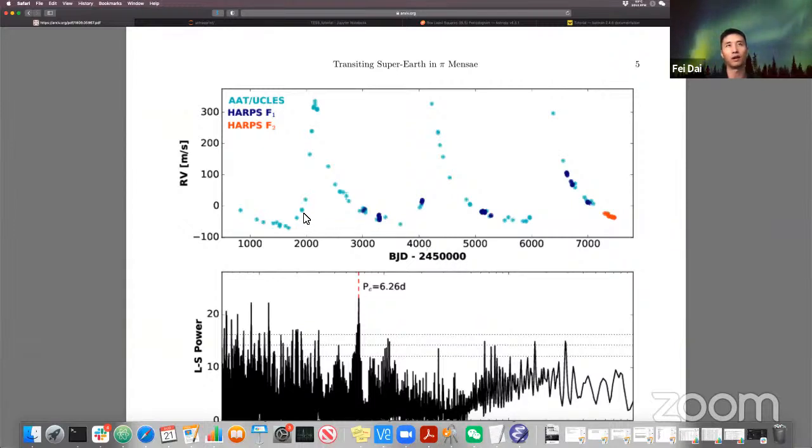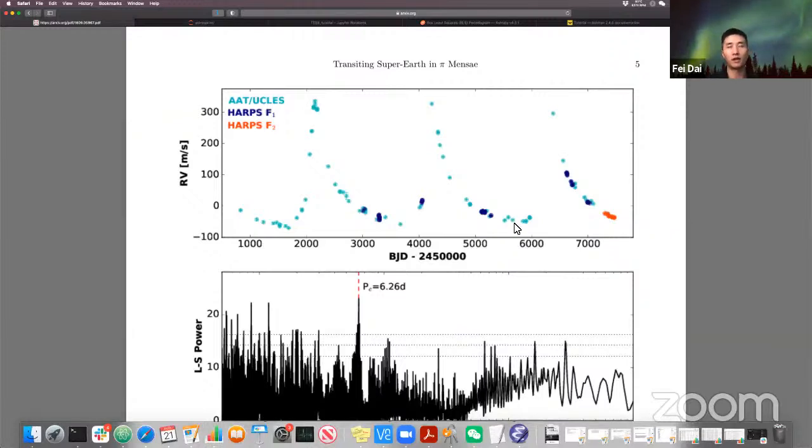The immediate thing that jumps into view is that there's some large scale curvature that can have amplitude of up to 300 meters per second. And this curvature seems to be repeating itself over, say, maybe slightly more than 2,000 days.